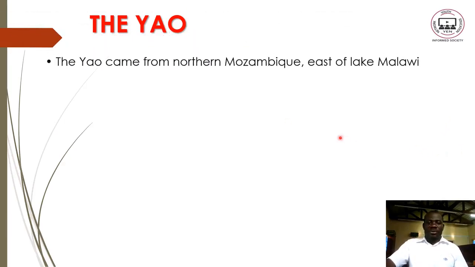Now let us look at the origins of the Yao. The Yao came from northern Mozambique, east of Lake Malawi. As we have seen on that map, they came from the northern part of Mozambique to the eastern side of Lake Malawi.